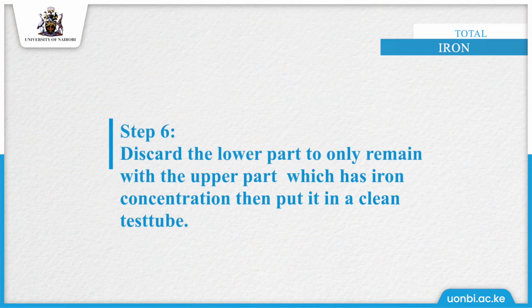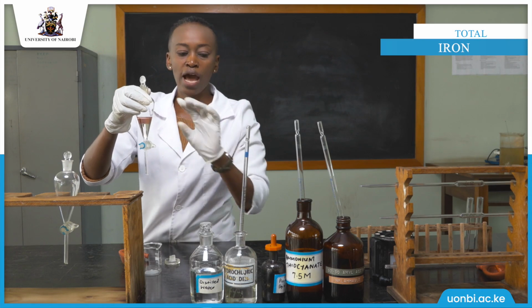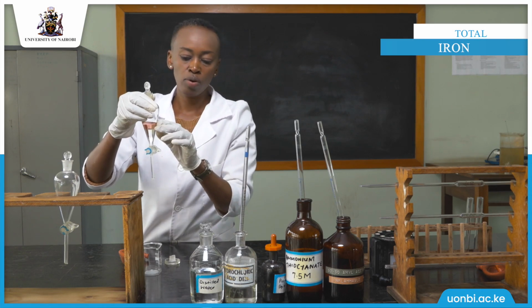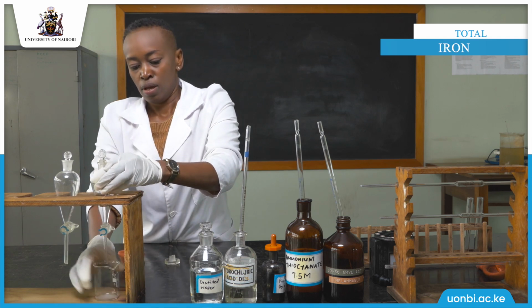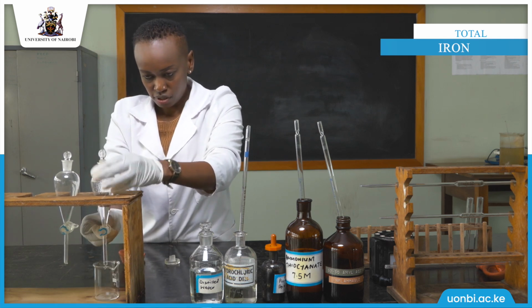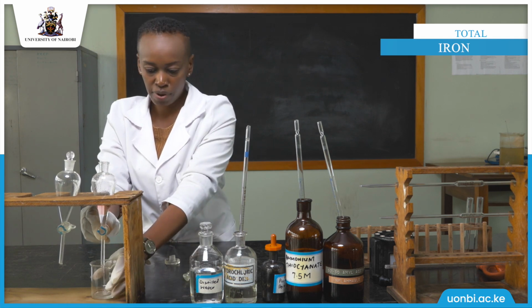The amyl acetate alcohol helps us to extract the iron that is in our sample, so that we only get the iron concentration. After that, we discard the lower part.